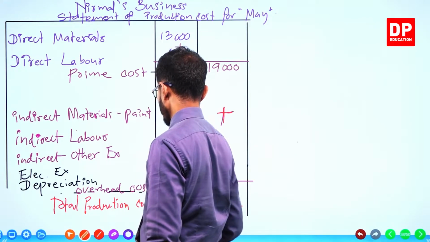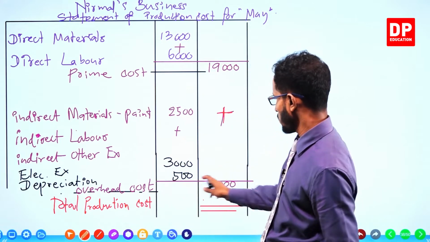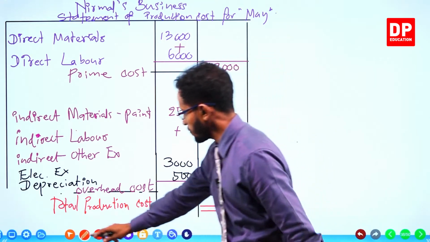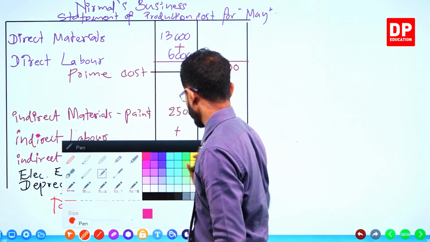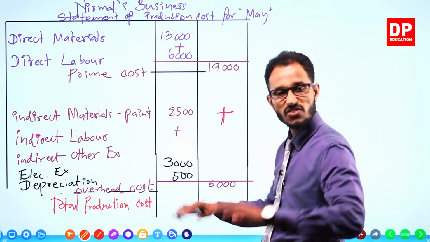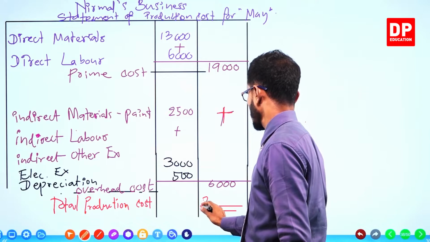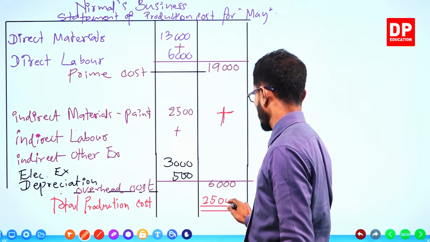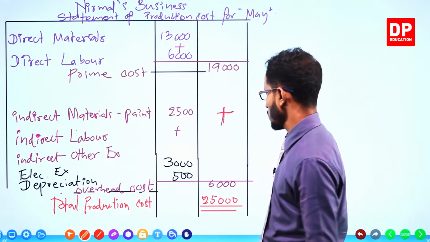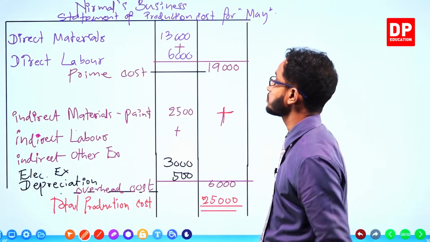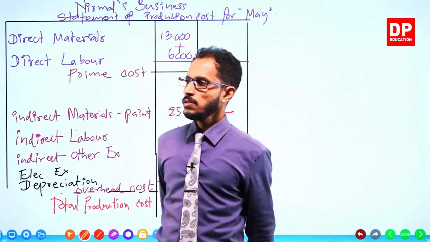That's what I told you. Overhead cost 6,000. Then the statement is fully, perfectly complete. Total production cost is 25,000. Done deal.